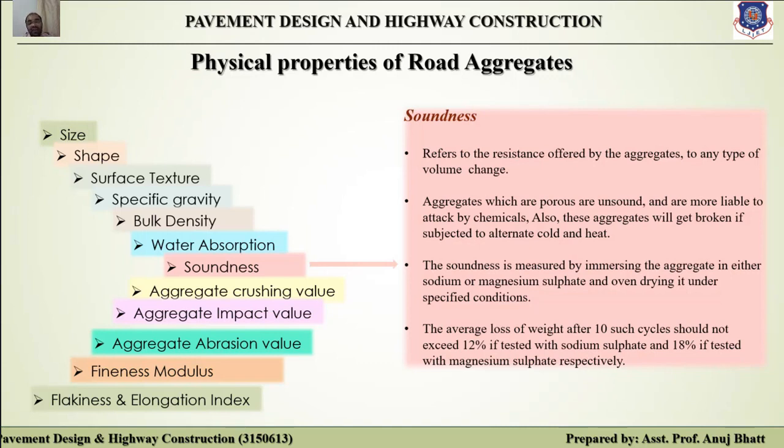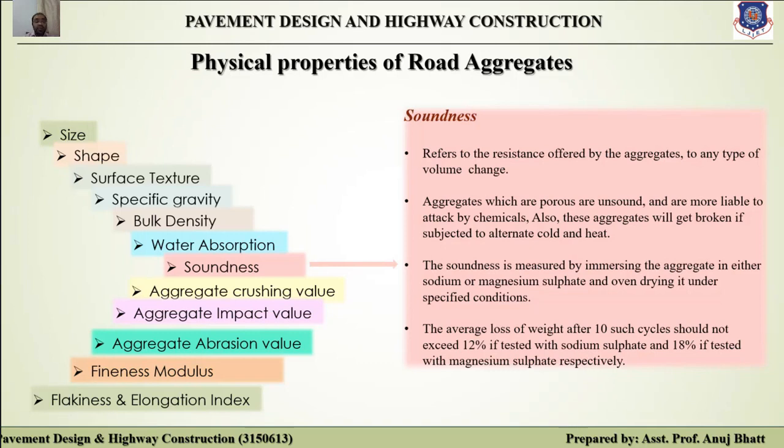Now aggregates which are very porous are unsound, and those are more liable to be attacked by chemicals. Also, these aggregates will get broken if subjected to alternate cold and heat. If the weathering condition is not stable, if alternate cold and heat weather is there in that particular atmosphere, such types of aggregates get broken.